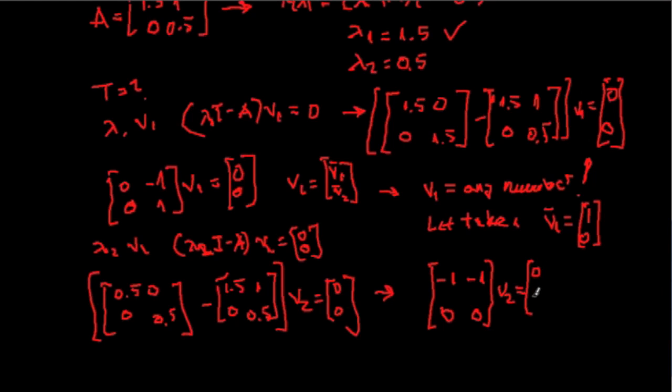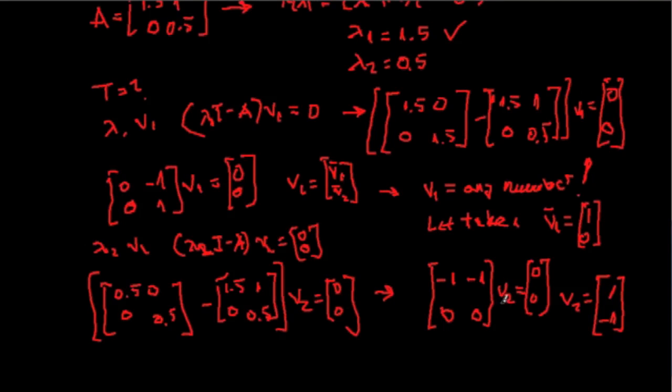And therefore we conclude again that 0 multiplies v1 hat, 0 multiplies v2 hat.